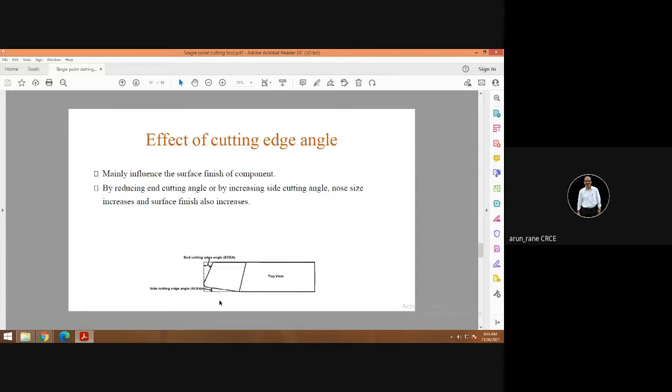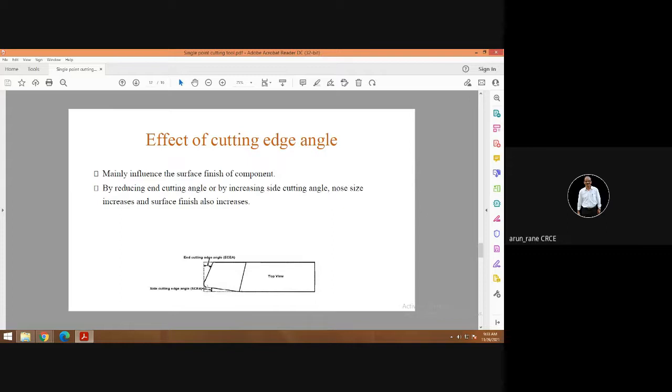If you increase the nose radius, that is this nose radius, then the surface finish will not be proper. So if you want a good surface finish, this should be as sharp as possible. But if you want more material removal rate, that is roughing, then you need to have a nose radius, because if there is a sharp point, the moment it touches, it will break.